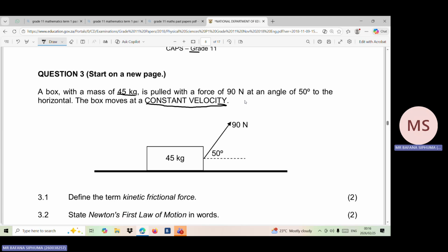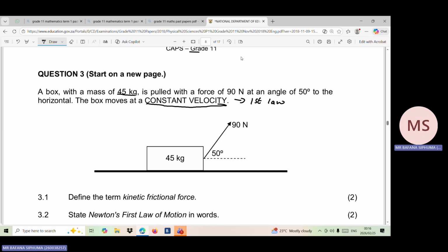The moment you hear constant speed, just know it is Newton's first law. It is the one that talks about constant speed. Why?